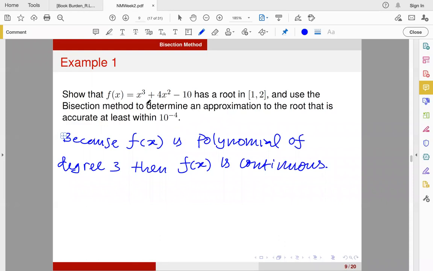You can differentiate this function as many times as you wish. That is the advantage of the polynomial function. Therefore, it is always used in numerical methods, so that we can approximate any function using polynomial functions because of this nice property.